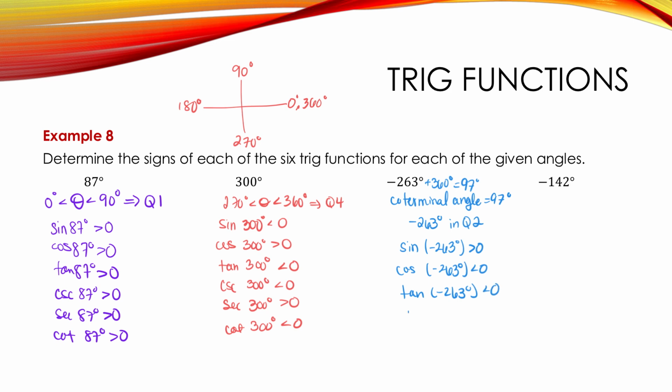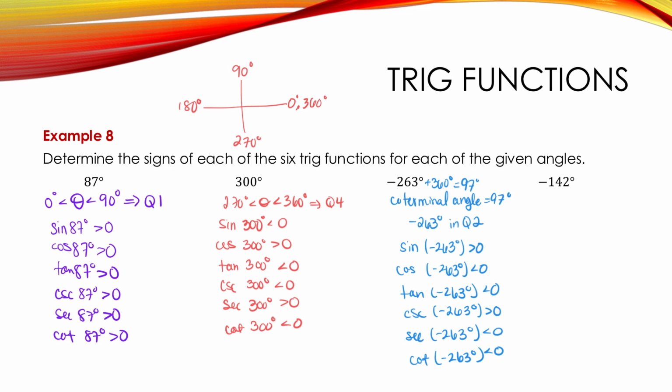But now we know the cosecant of negative 263 degrees will be positive, because remember it's 1 over sine, and if sine is positive, 1 over positive is still positive. And then we know that 1 over cosine, which is our secant of negative 263, will also be negative. And our cotangent, 1 over tangent of negative 263 degrees, is also negative.